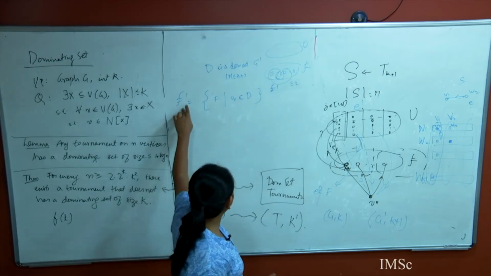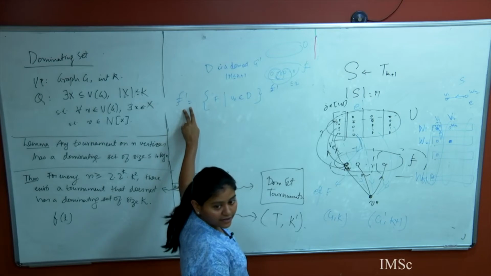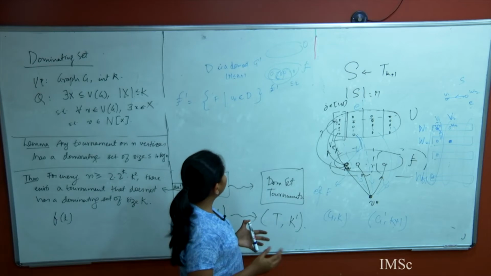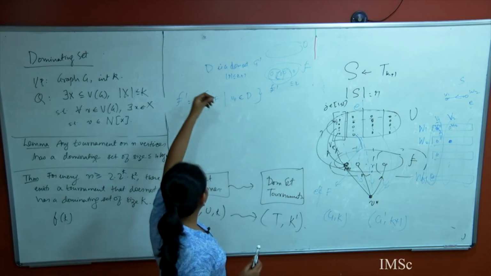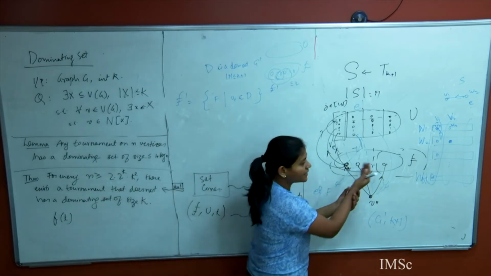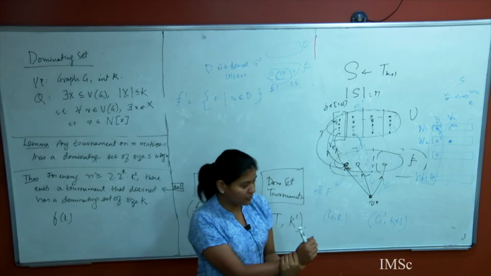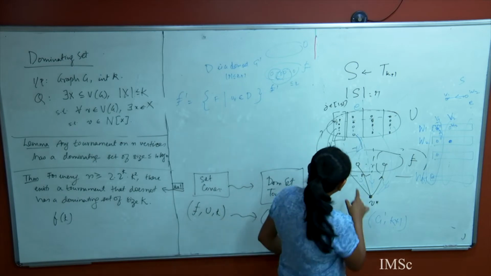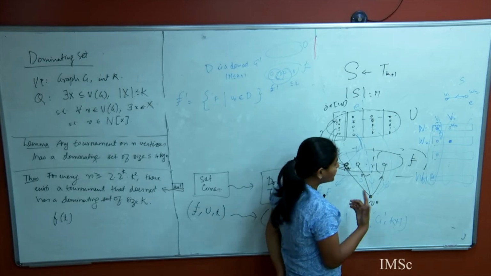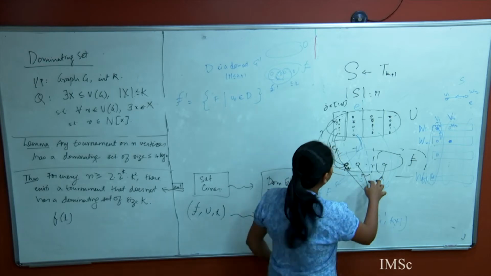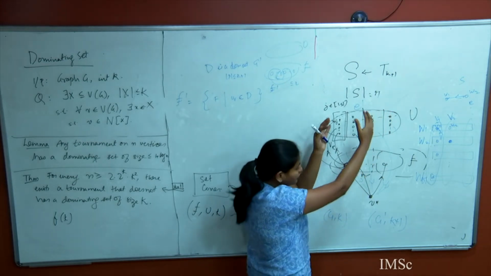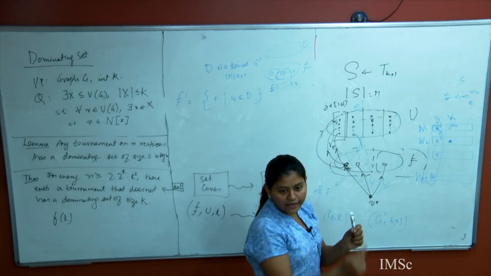Firstly, I need to show that F prime has size indeed k, because I start with a dominating set of size k plus 1. So maybe it happens that F prime has size k plus 1. Who has stopped me picking k plus 1 vertices from here? Notice that no vertex that I added from these vertices corresponding to the universe can dominate V star.